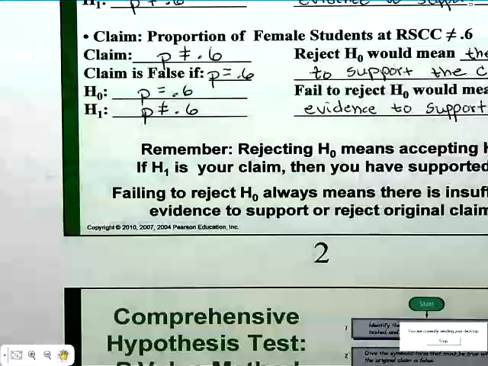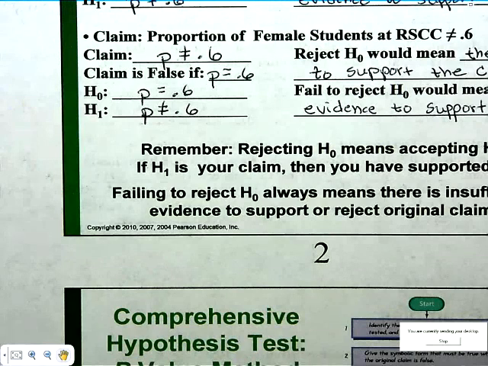But from now on, we're going to let the calculator find the test statistic for us, the z-score. We're going to let the calculator find the p-value for us, and then we're going to be given an alpha. We're going to compare our p-value to alpha to decide whether to reject or fail to reject the null hypothesis, and then based on that, we're going to make a statement about the claim.